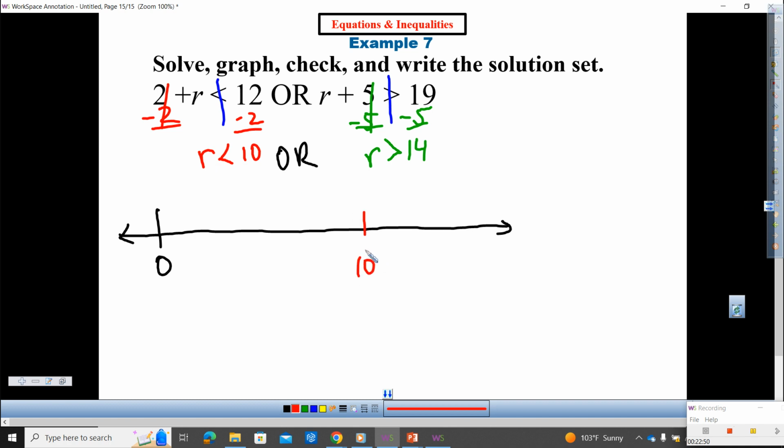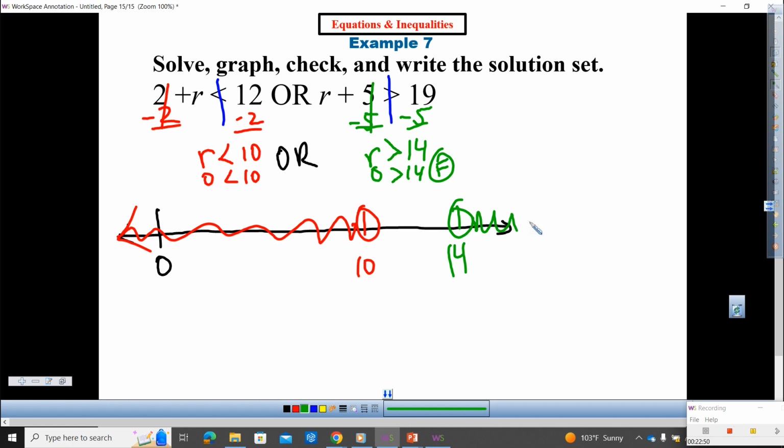Open or close? Open. Let's test 0. Is 0 less than 10? Yes, so we shade towards 0. Next, dividing point is 14. Open? Yes. Let's test 0 to see if I go that way. Is 0 greater than 14? That's false, so that means I'm going to go the opposite direction than 0.